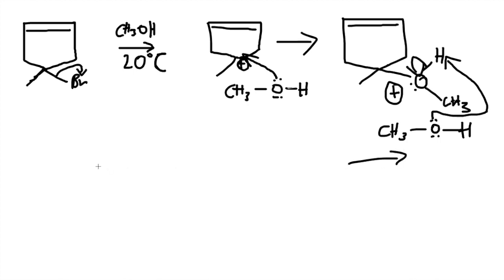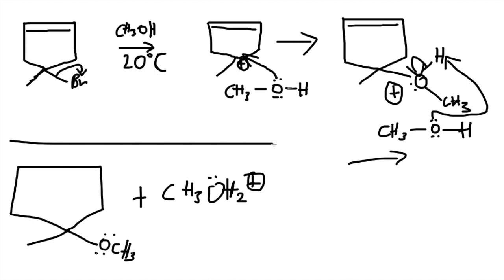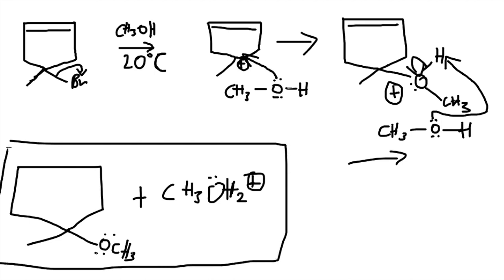And so we would have a final product looking like this. The hydrogen is gone. All we have is the CH3, plus the byproduct that we had made, with a positive charge. It's our final answer for this. There is no racemic mixture because this carbon right here is not a chiral center, so no racemic mixture. That's the answer for this problem.